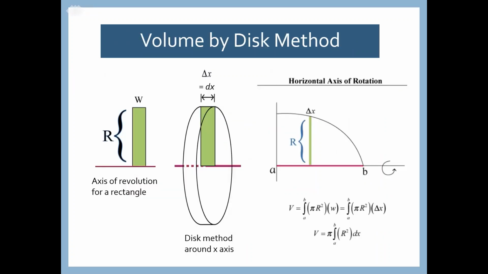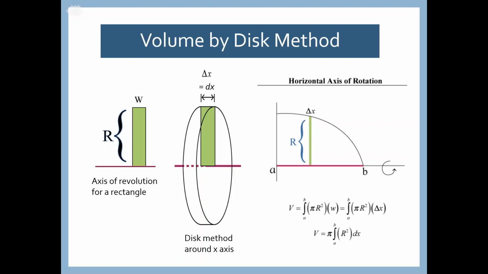The disc method calculates the volume of the solid of revolution by summing the volumes of thin vertical circular discs. Consider a rectangle. When we spin this rectangle around a line, it creates a circular shape.